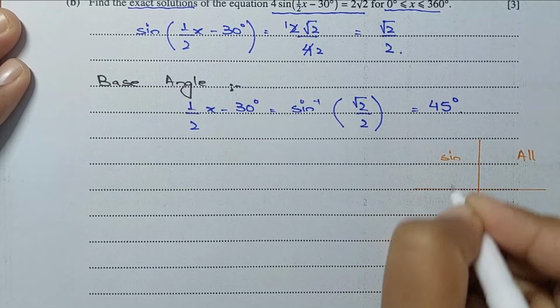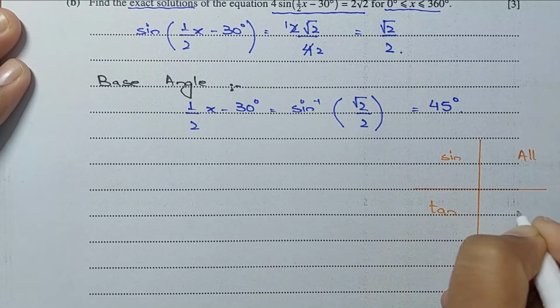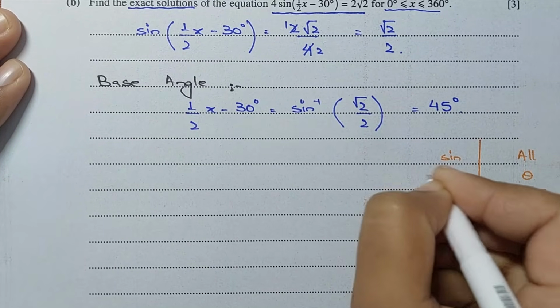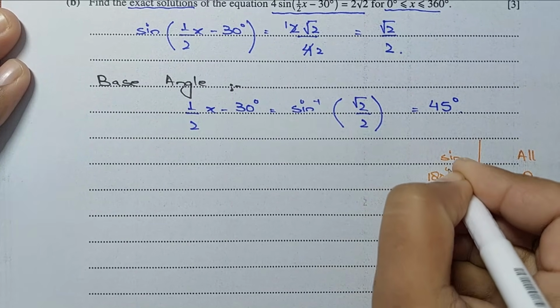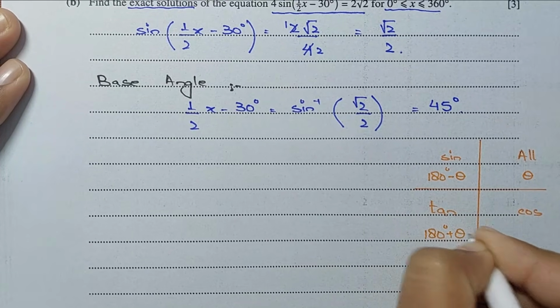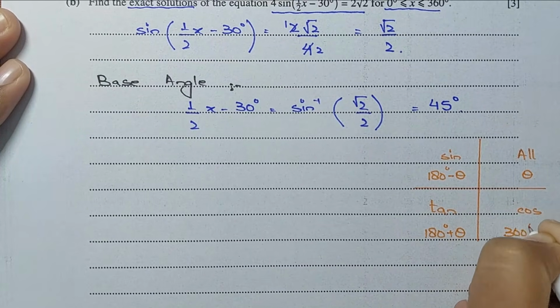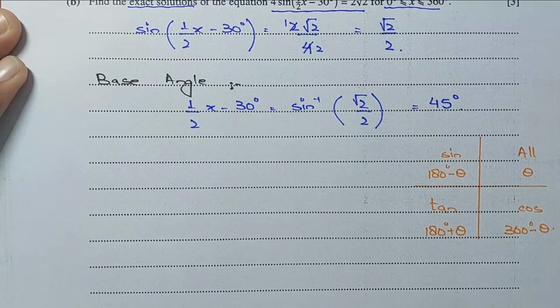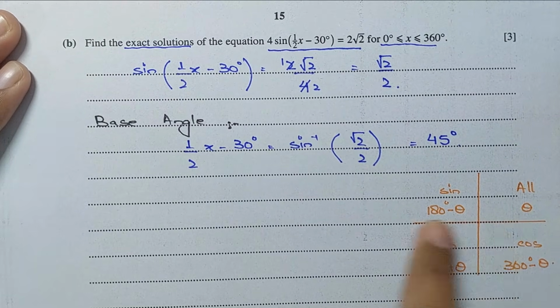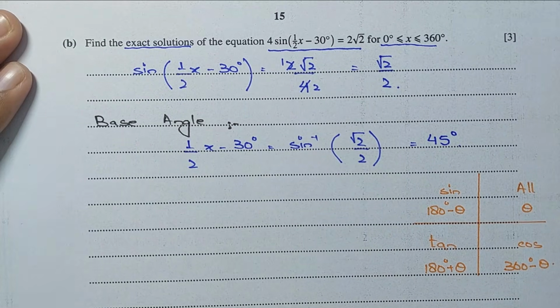Here sine is positive, here tangent is positive, and here cos is positive. This is the base angle. Here we do 180 degrees minus the base angle. Here we do 180 degrees plus the base angle, and here we do 360 degrees minus the base angle. Now from 0 to 360 degrees, sine is positive in the first and in the second quadrant, right?